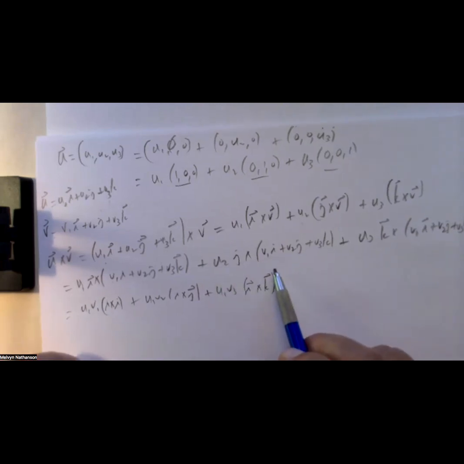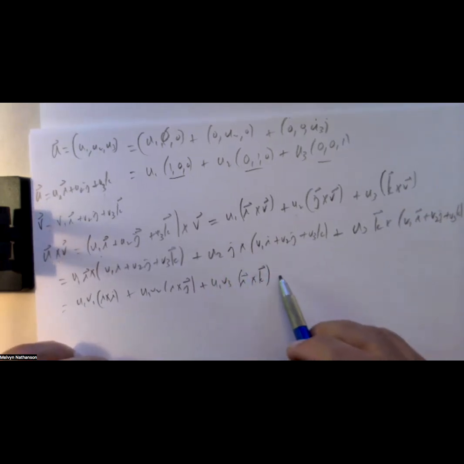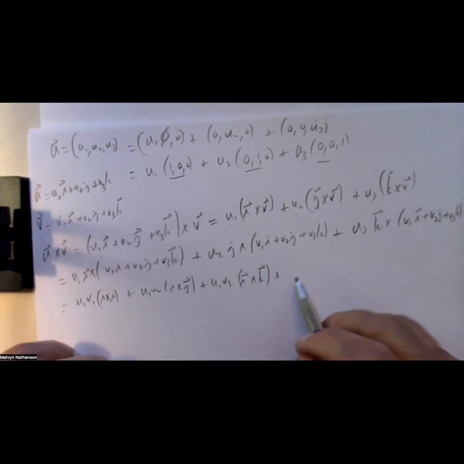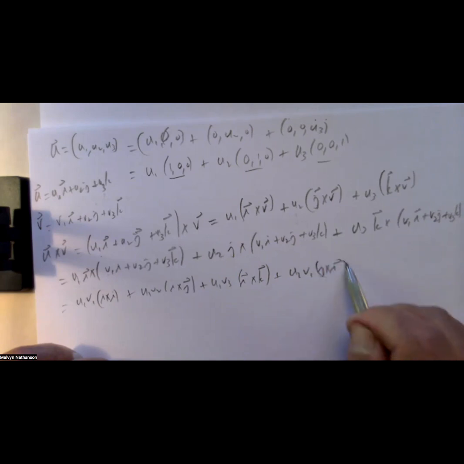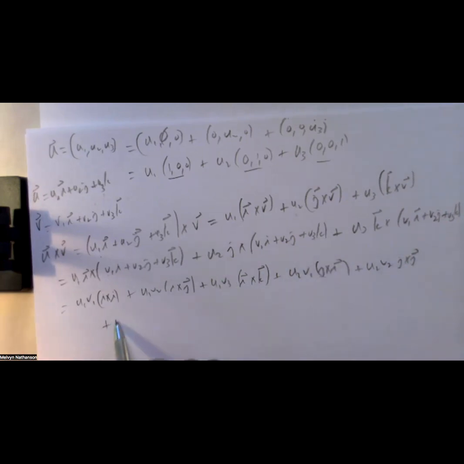Here, when I expand again by distributivity, I have u2 v1 j cross i plus u2 v2 j cross j plus u2 v3 j cross k.